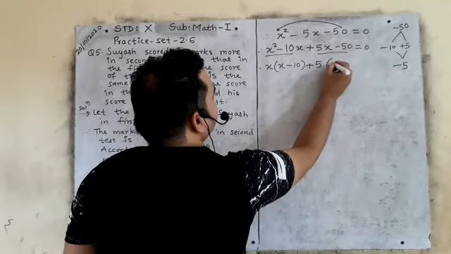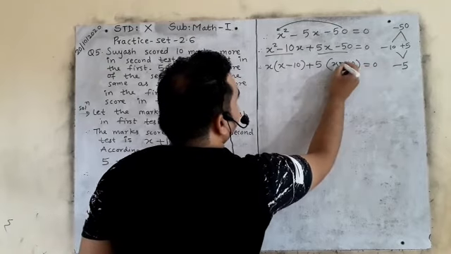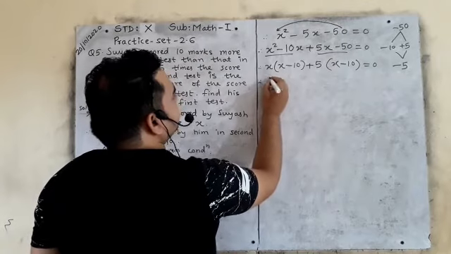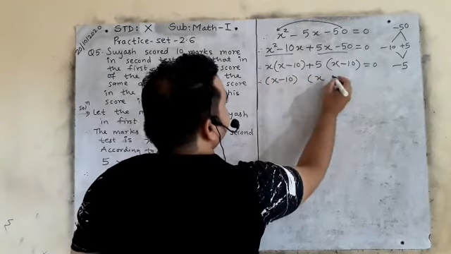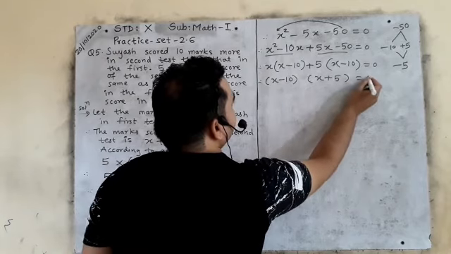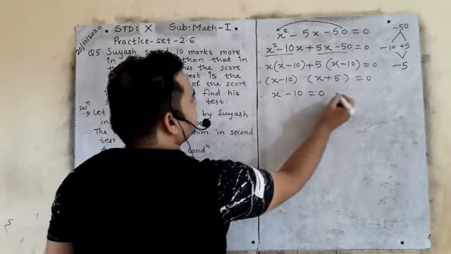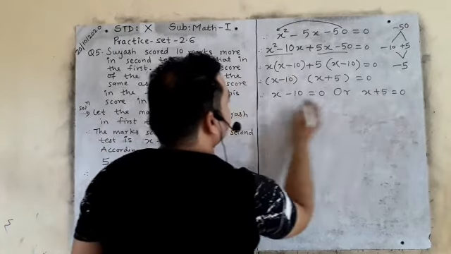The first bracket is the same. Check it. 5x are 5x, 5 tens are 50. So therefore x minus 10 and x plus 5 is equal to 0. You can write therefore x minus 10 is equal to 0 or x plus 5 is equal to 0.